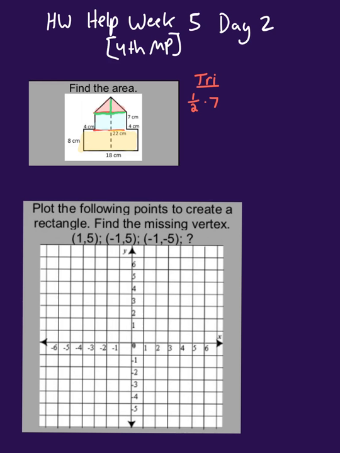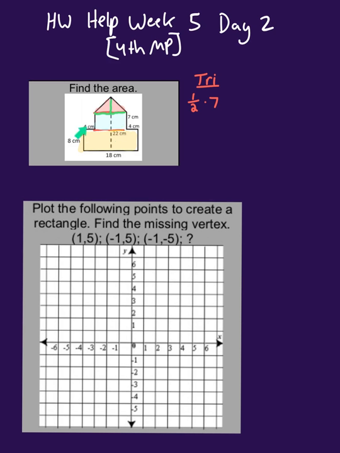All right, now for the base. So the base is this bottom of the triangle here. So we need that, but we're not given that, and we're not given it here either. So we have to find it from this rectangle. So this tan rectangle is 18. So that means the top of this tan rectangle is 18. But we only need from here to here.